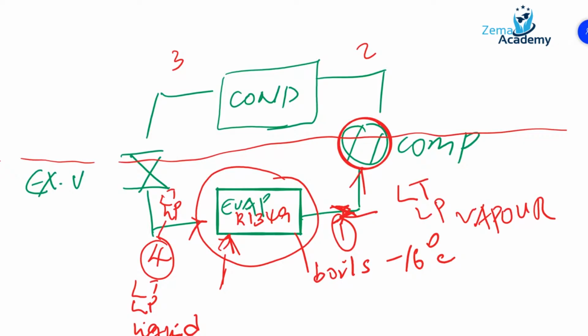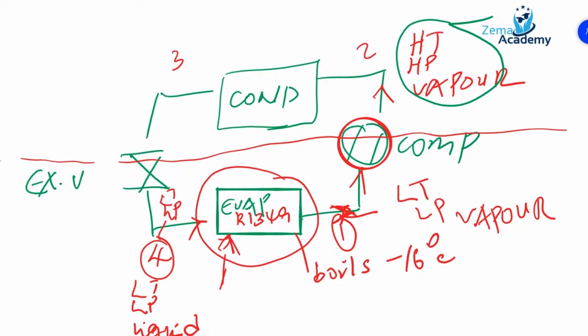The benefit of a vapor or a gas is that by compressing it, reducing its volume, we are able to change its properties. So we use the compressor to reduce the volume of that low temperature and low pressure vapor, and therefore it comes out at high temperature and high pressure vapor. And that is what we use for our application.